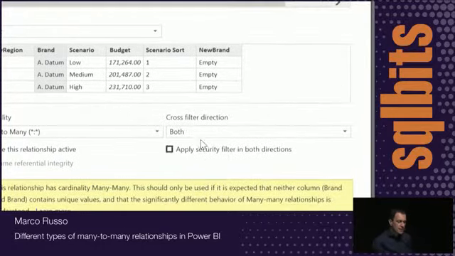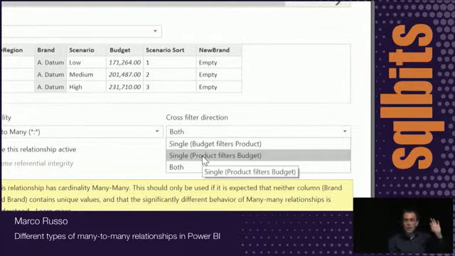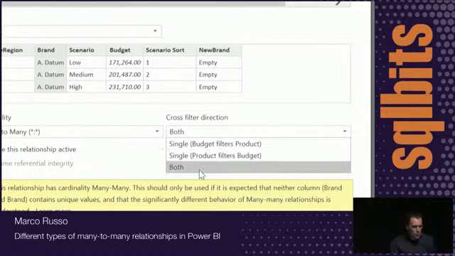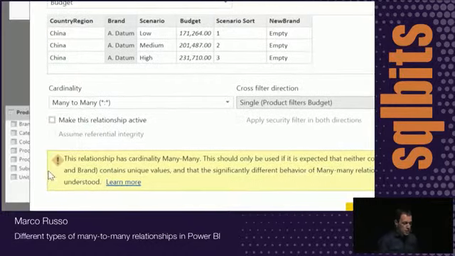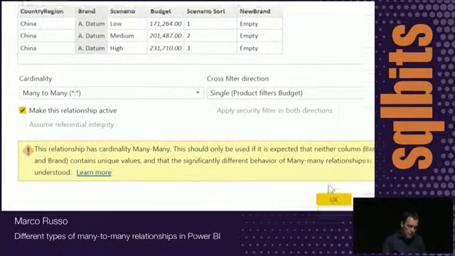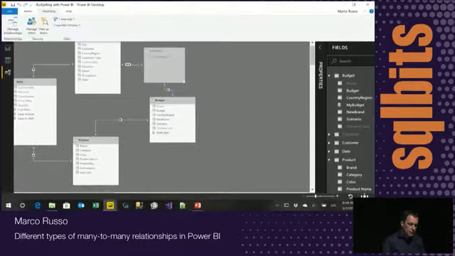And I obtain this, where I specify that product filters budget. I don't want to use this default, it is totally wrong. Don't do that. Don't use both. You want to do this, product filters budget, and you want to activate this relationship. Because the default sometimes is not very comfortable.